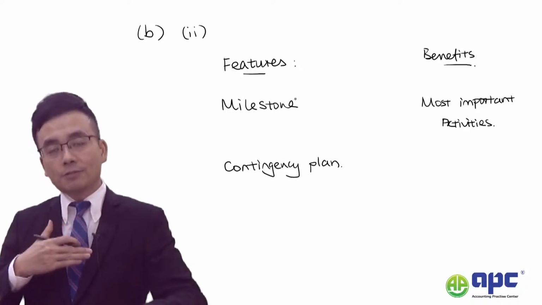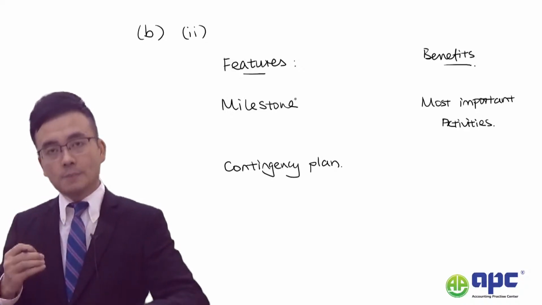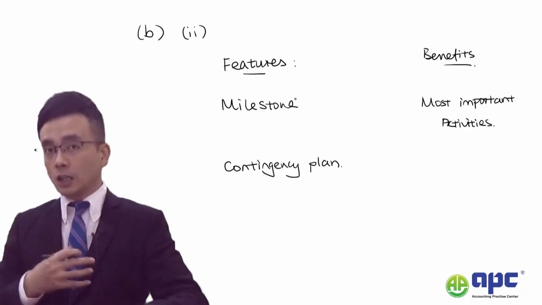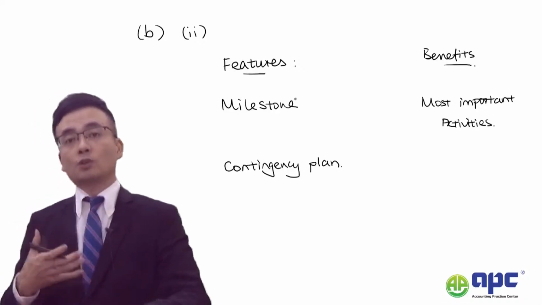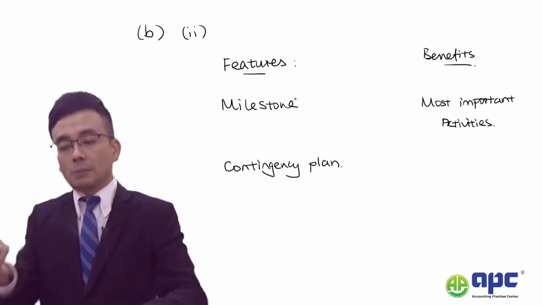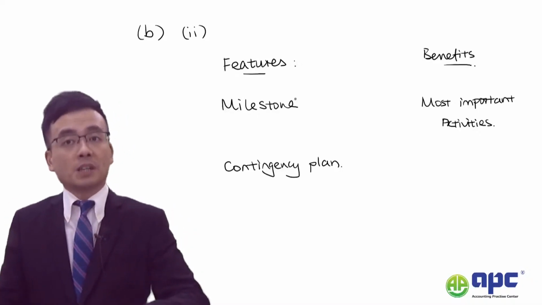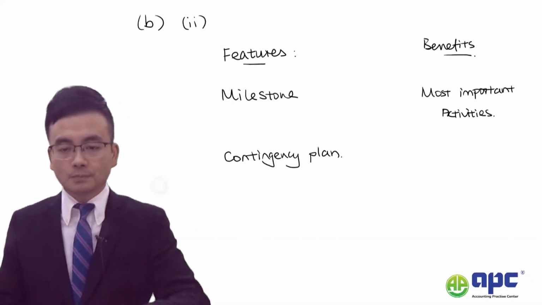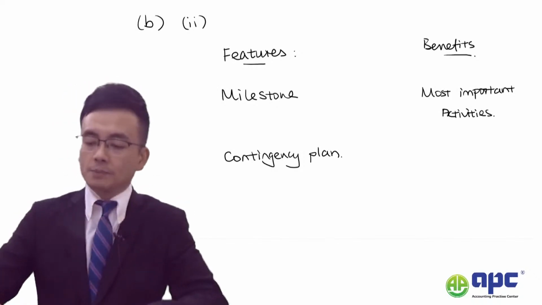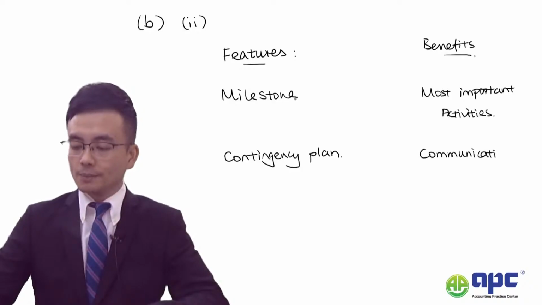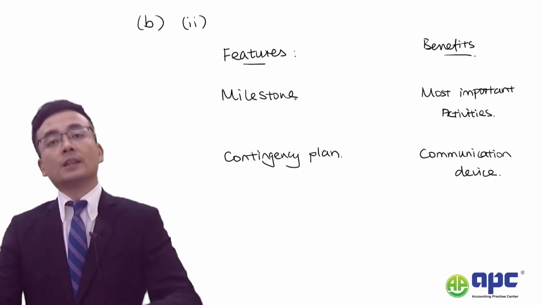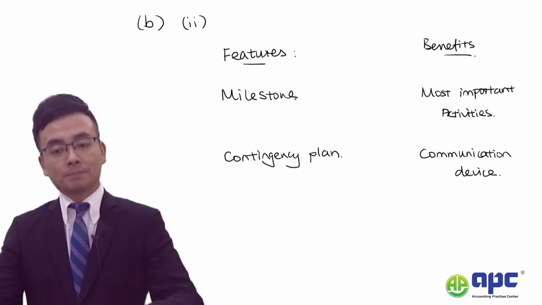So if one chain stops, I can't get materials, I can't get the machines going, and the project could be delayed. So the most important feature in this case could be the materials, for example. At the same time, another benefit is that it's a communication device to the managers on what would be your next step. Alright.